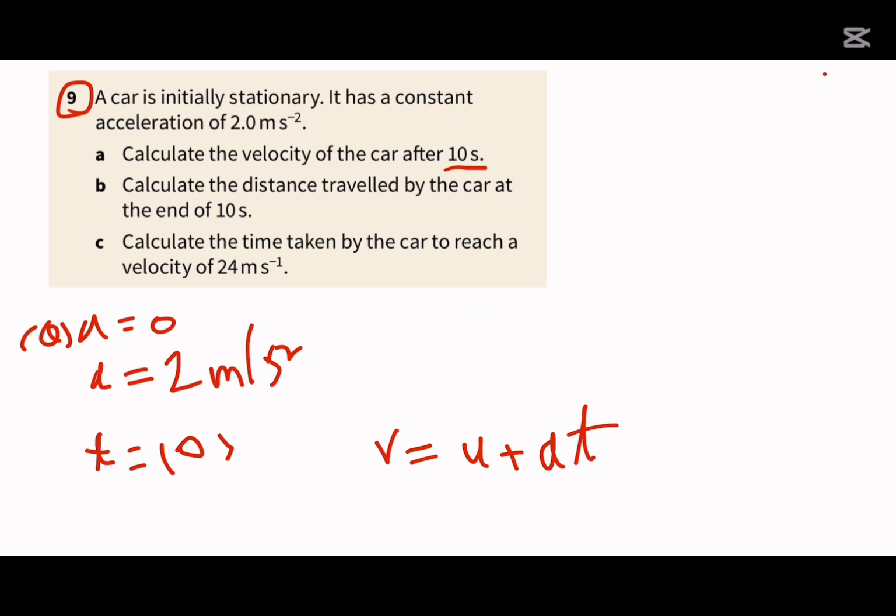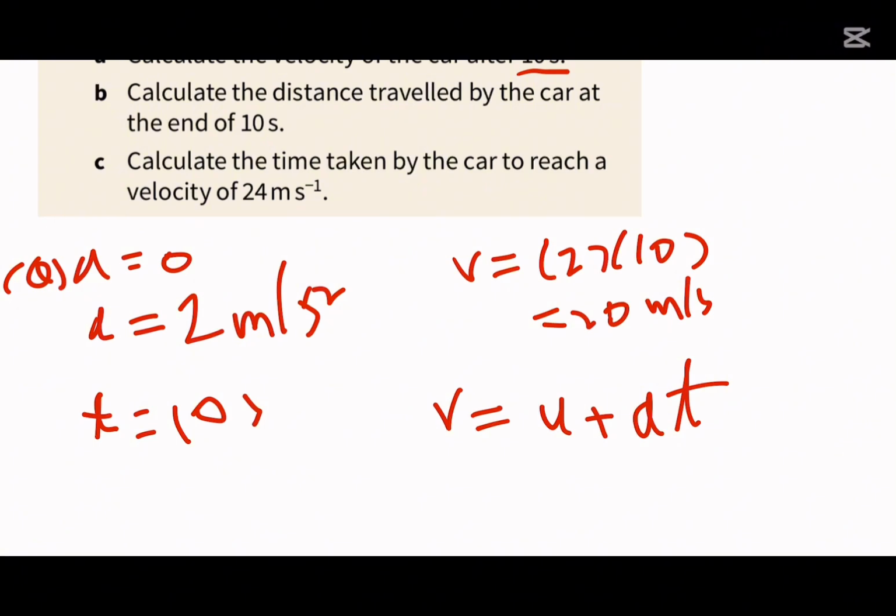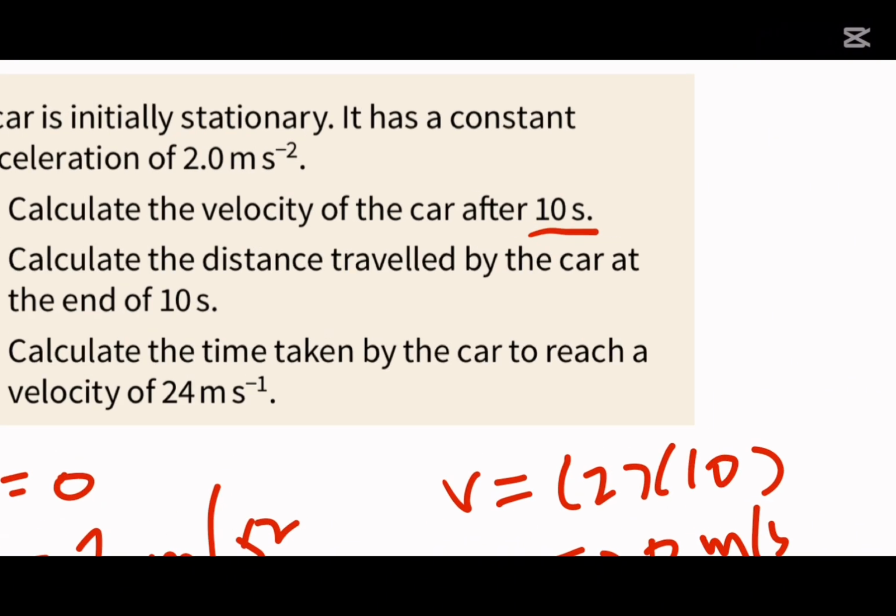This will be the equation that we'll use. So u is 0, a is 2, and t is 10. So v will be 20 meters per second. So the answer to this part is 20 meters per second.